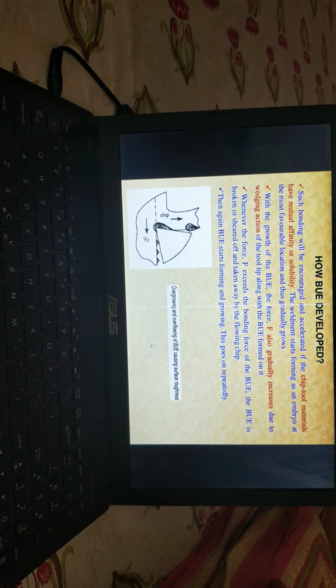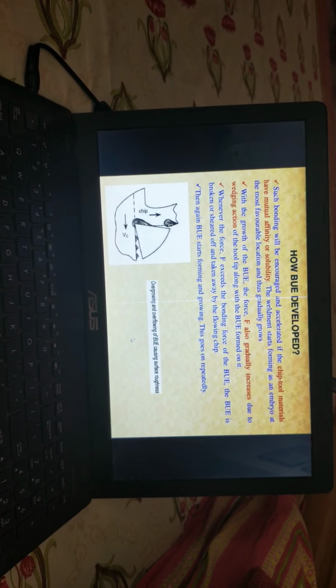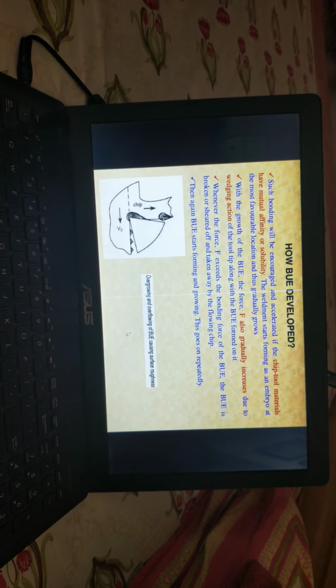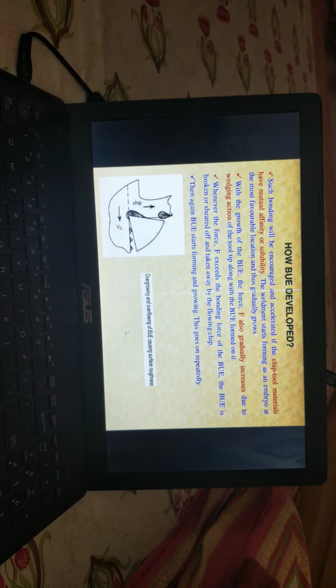How is BUE built? Such bonding will be encouraged and accelerated if the chip and tool materials have mutual affinity or solubility. The weldment starts forming as an embryo at the most favorable location and thus gradually grows.